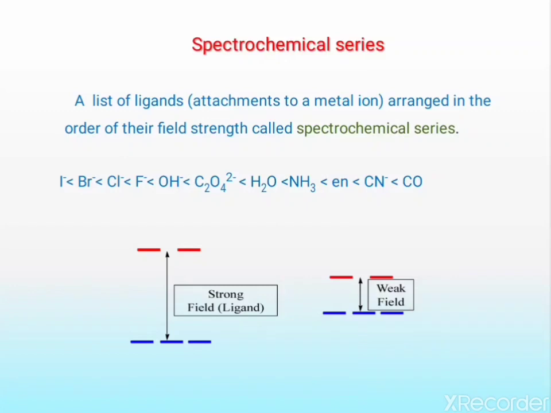What does Hund's rule tell? Hund's rule states that the pairing of electrons takes place only after all the orbitals are half-filled. That means first we half-fill all the orbitals, then only pairing of electrons takes place.